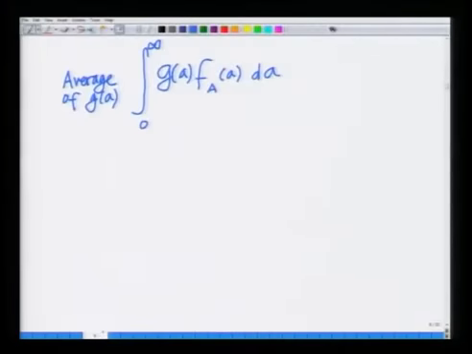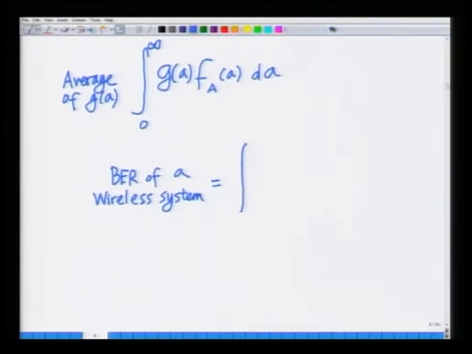to get the average bit error rate of a wireless communication system, and that is what I am going to do next, which is to compute the average bit error rate of a wireless system. Remember, the bit error rate as a function of a is simply Q of square root of a squared P over sigma n squared.